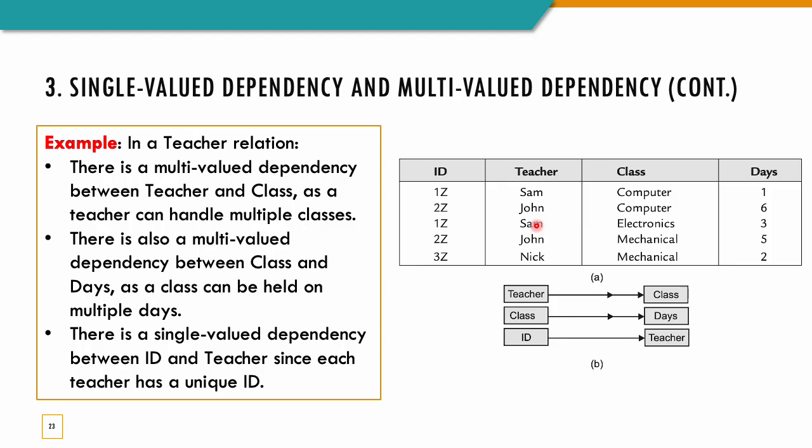So this creates a multi-valued dependency, because the value of the teacher attribute, like Sam, can determine multiple values of the class attribute independently of the other attributes. We can see these two arrows connecting teacher with class.